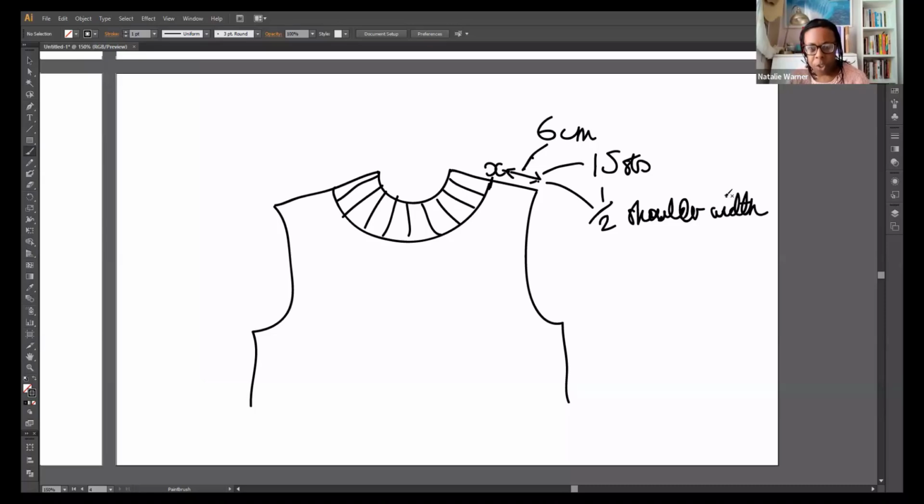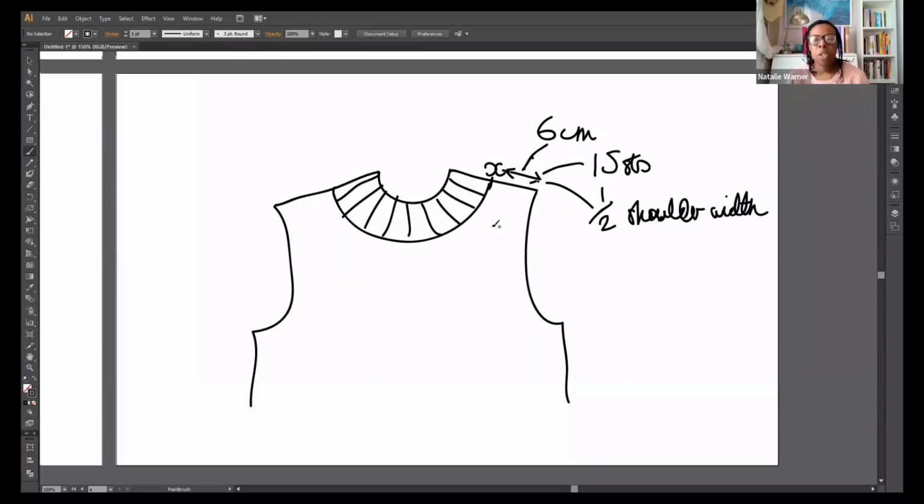So the 6 centimeters, 15 stitches is not helpful yet. What you're looking at is to understand things proportionally. So you're ascribing ratios, fractions, percentages for understanding the distance either between 2 points or along a particular line in that sense.